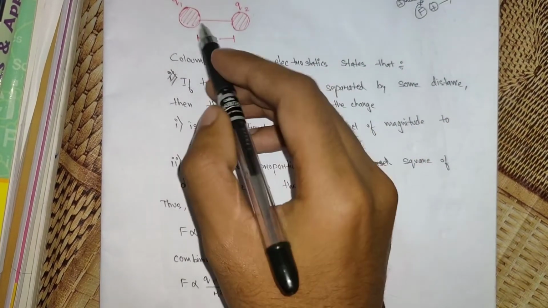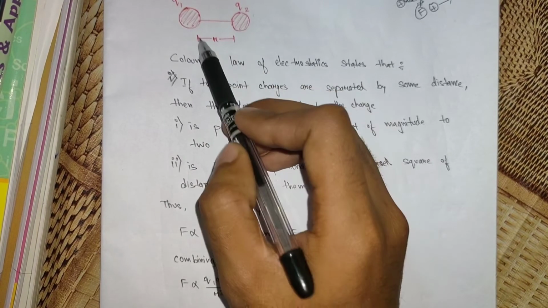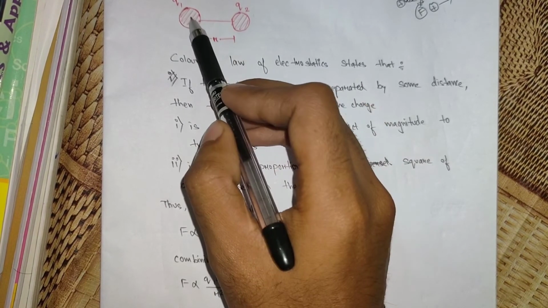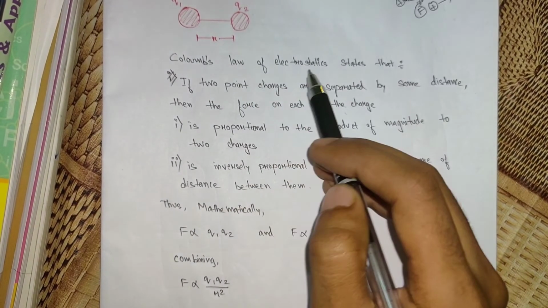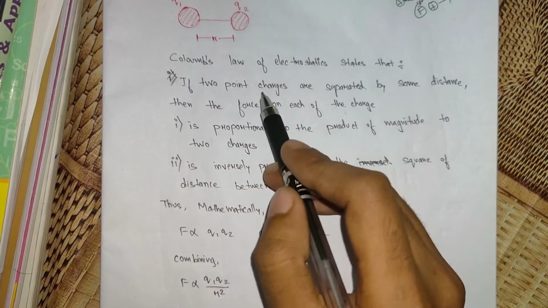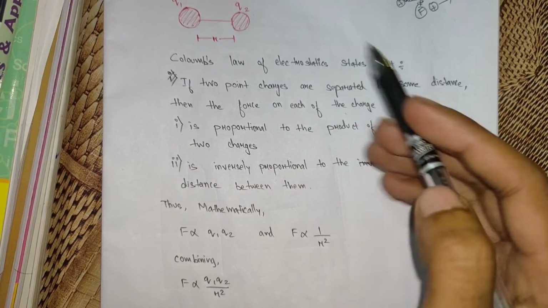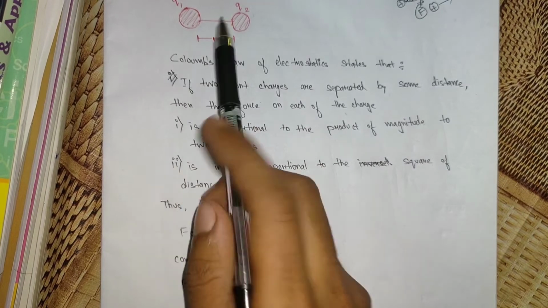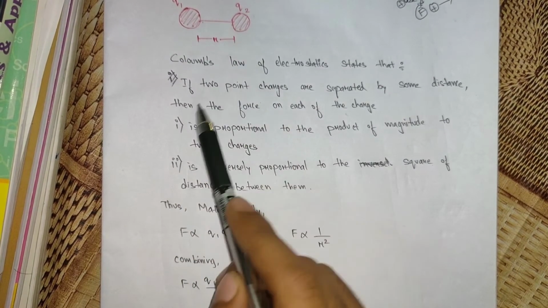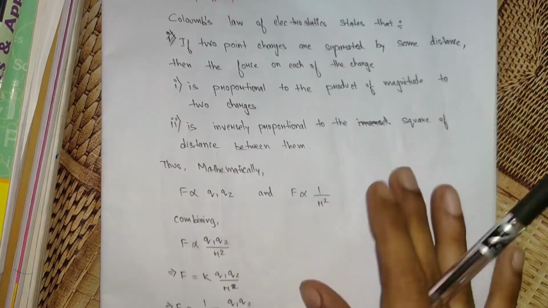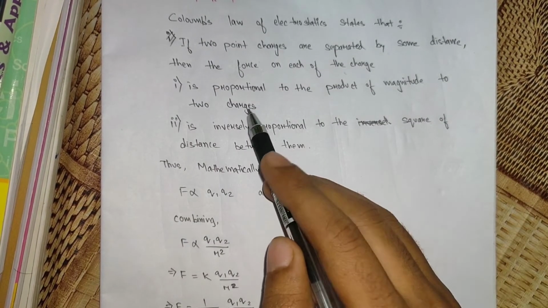This is our system. We have a system of q1 and q2: this is a point charge and this is another point charge separated by a distance r, and this has a charge q1, this has a charge q2. Now Coulomb's law of electrostatics states that if two point charges are separated by some distance, then the force acting on the charges is proportional to the product of the magnitudes of the two charges.